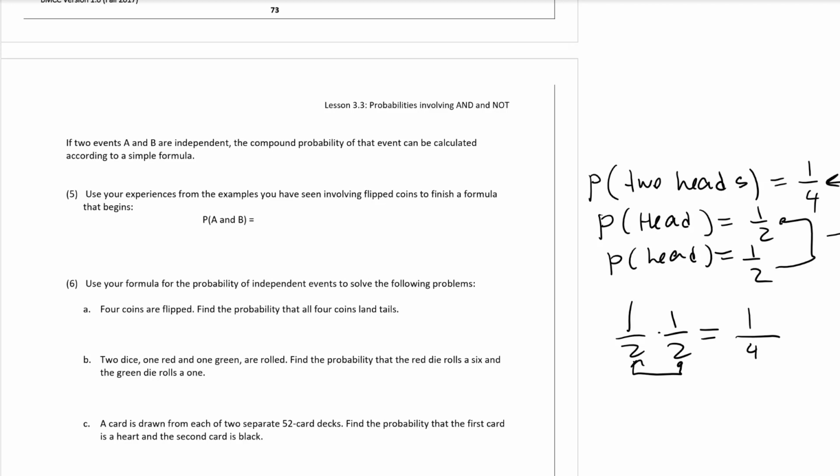So the probability that you have A and B, so when you see that combination, A and B, compared to what we did in the other lesson, which was the probability of A or B. The probability of those two outcomes is going to be the probability of A multiplied by the probability of B. So it's called the multiplication rule of probability.